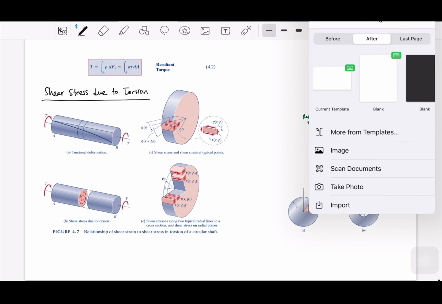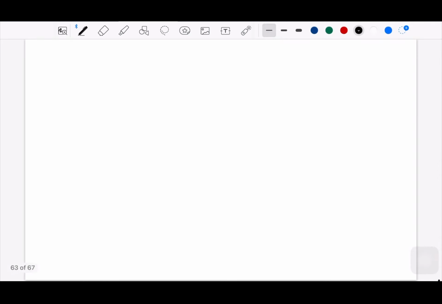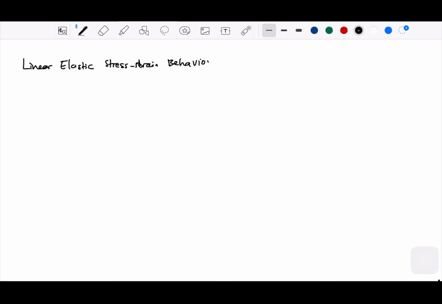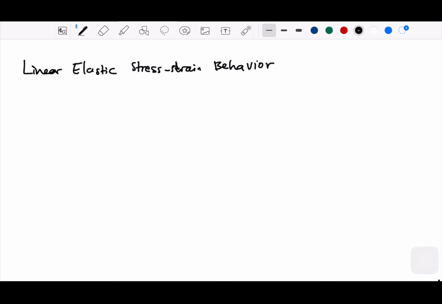So we are going to see the linear elastic stress-strain behavior. Let me start with axial force.